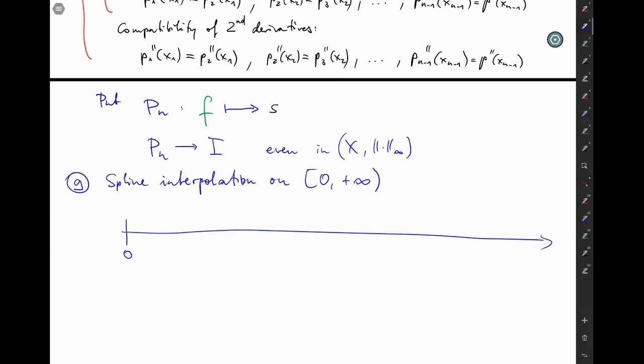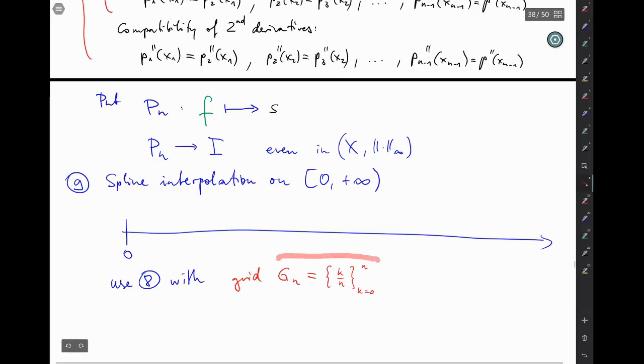And then the idea is to use 8, but with a sequence of grids where each grid is getting denser as n increases, but at the same time the interval is growing. Okay, so let me make one suggestion here. Let me take the grid Gn of these points.